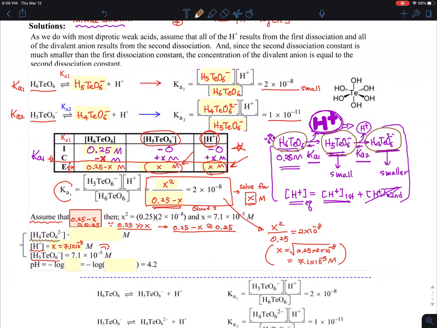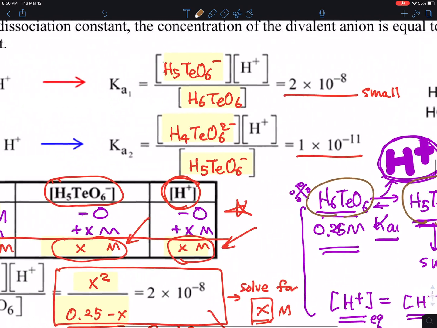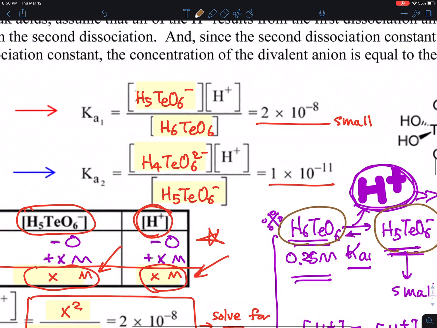So this concentration of H4TeO6 can be taken from the relationship from Ka2. That's the nature of the equation established for Ka2. So let's look at the equation for Ka2 here, right?